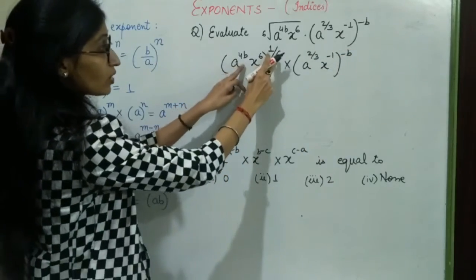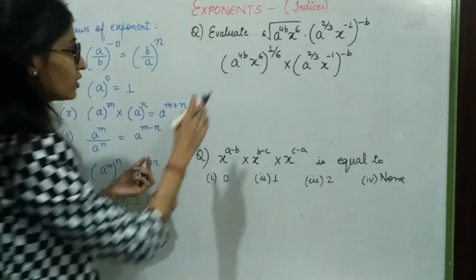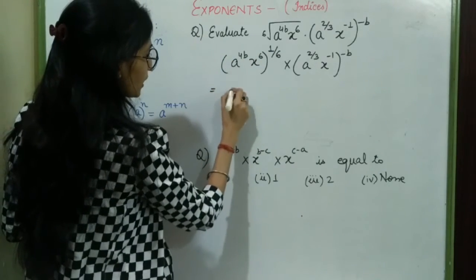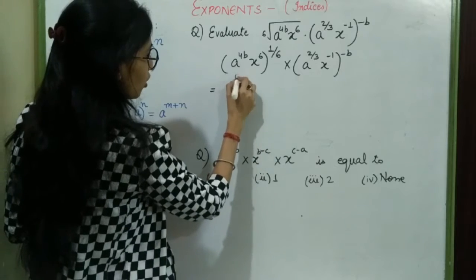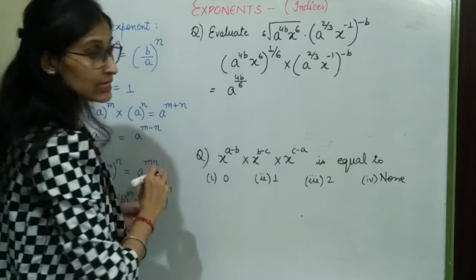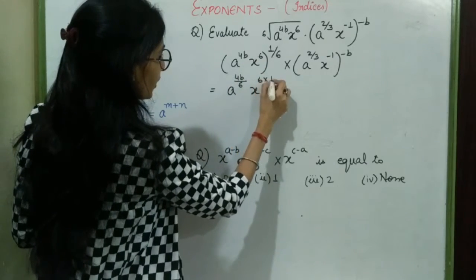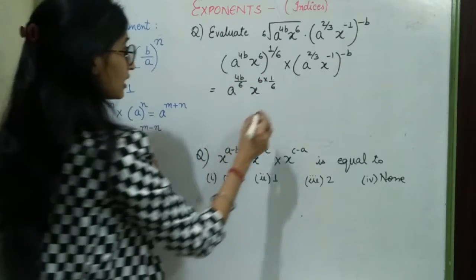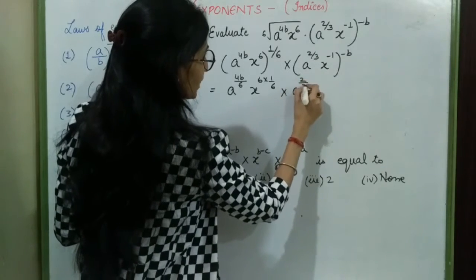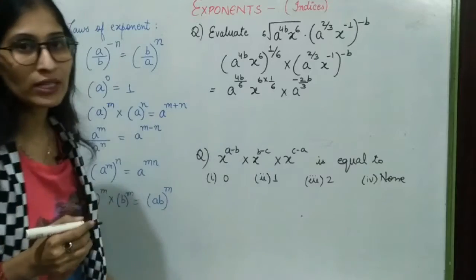Now these outer powers are to be multiplied by rule number 5. So I am going to multiply these powers. So it will become a raised to power 4b into 1 by 6, 4b upon 6. x raised to power 6 into 1 by 6, into a raised to power 2 by 3 into minus b. So it will be minus 2 by 3b.